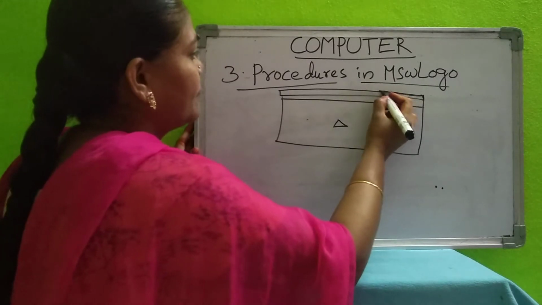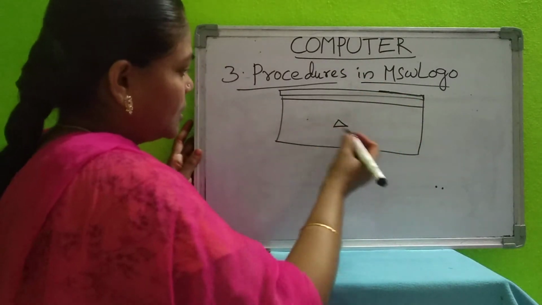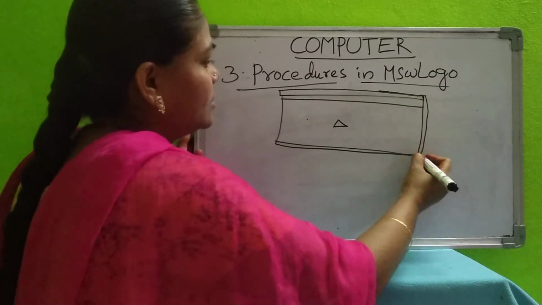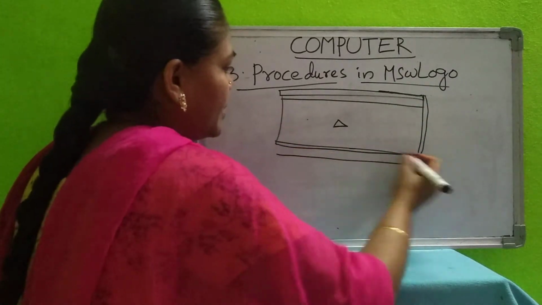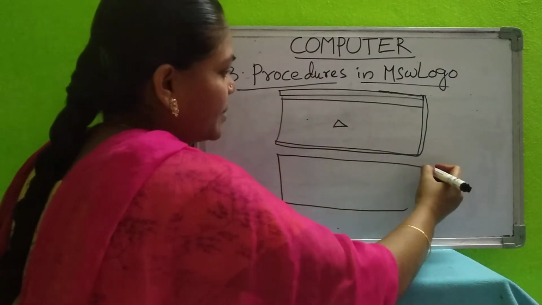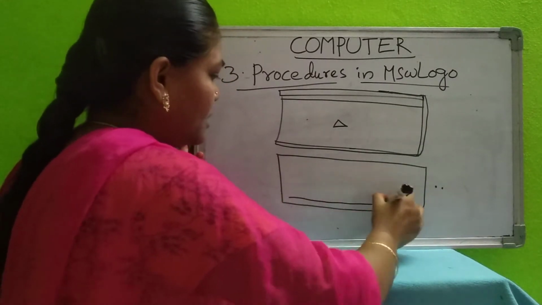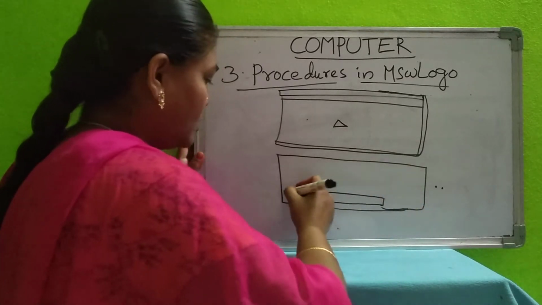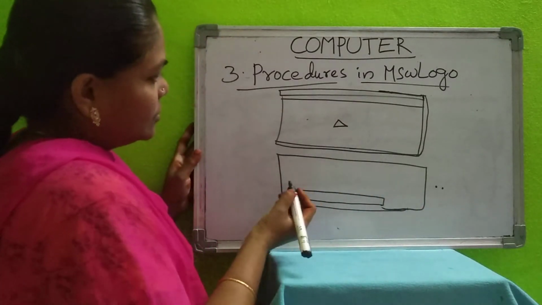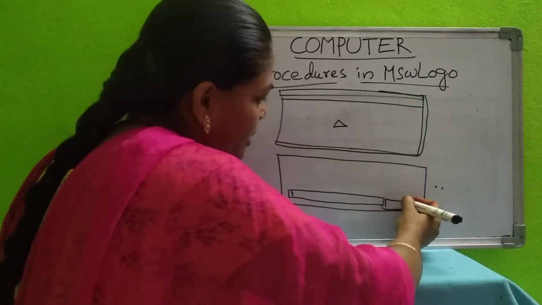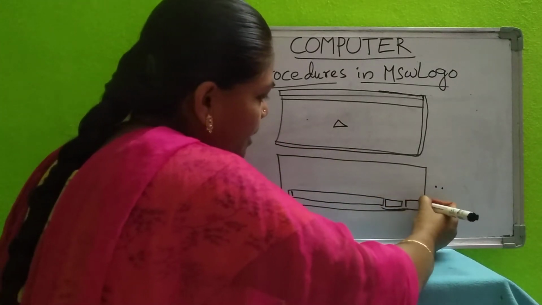After this, we have the scroll bars on these 2 sides. This is the commander window. In this commander window, where will we give the commands? In the input box, we will give commands. And what are the 2 buttons we have here? Execute and Edall.